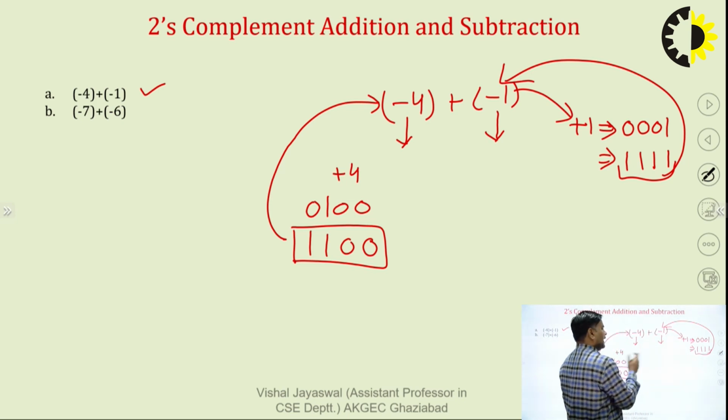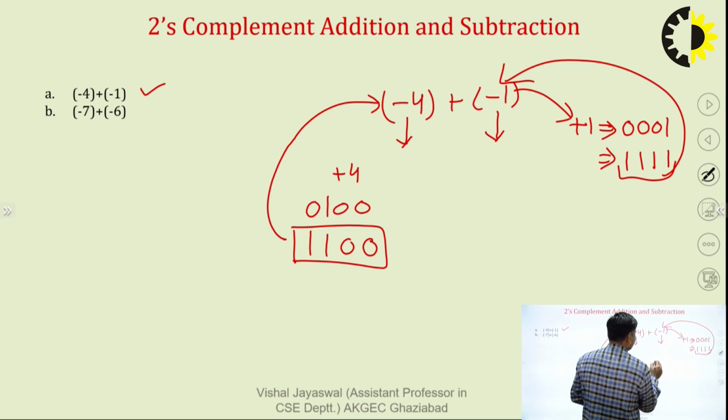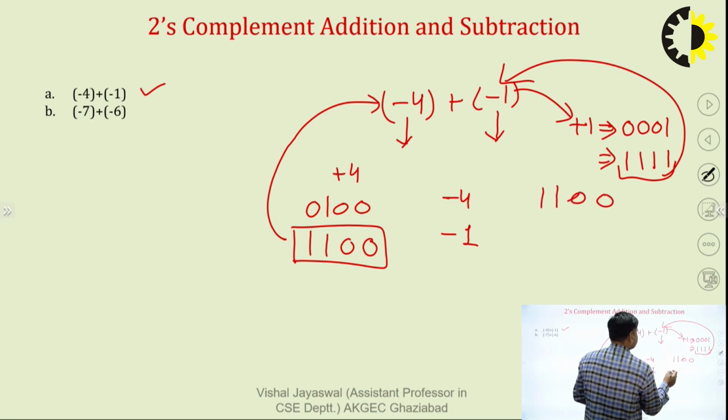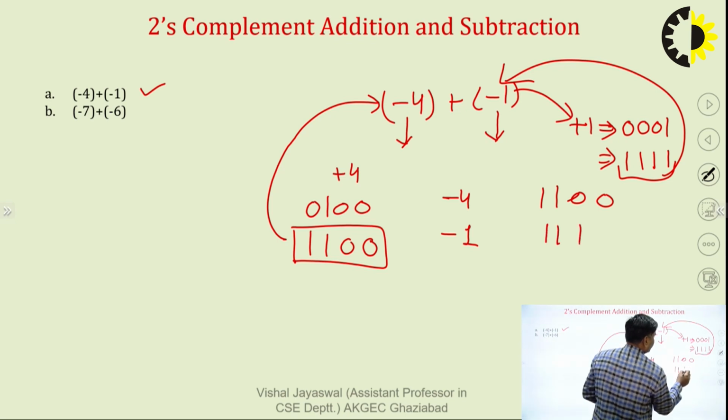So we have to add these two binary numbers. We write down minus 4 and minus 1: minus 4 is 1 1 0 0 and minus 1 is 1 1 1 1.